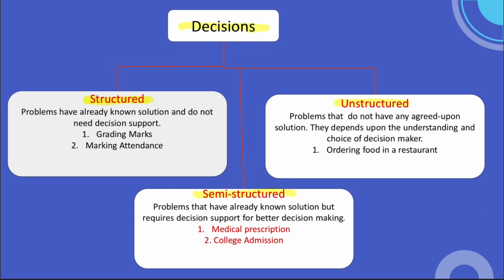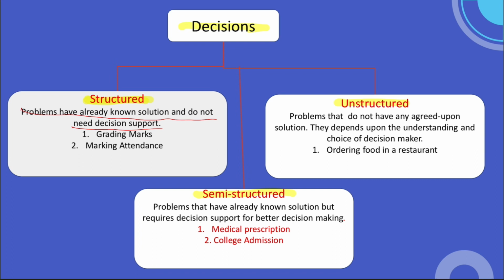The problems that have an already known solution and do not need any decision support are called structured decisions. So problems having a defined solution call for a structured decision.